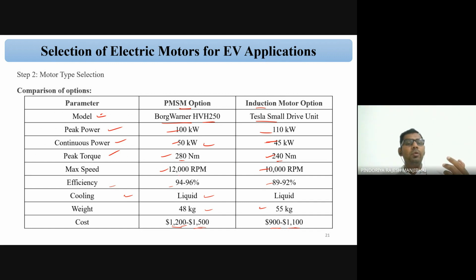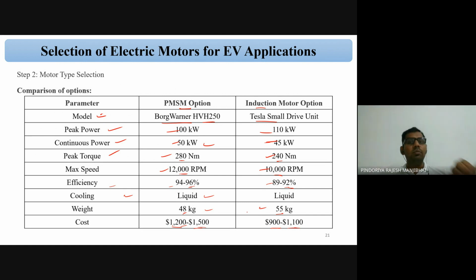RPM, you will get 12,000 RPM, but in the induction motor, you will get 10,000 RPM. Maximum efficiency you will get 96%, but here you will get 92% efficiency. Weight is 48 kilograms, and here the weight is 55 kilograms, so around 6 kilograms of weight you will add.